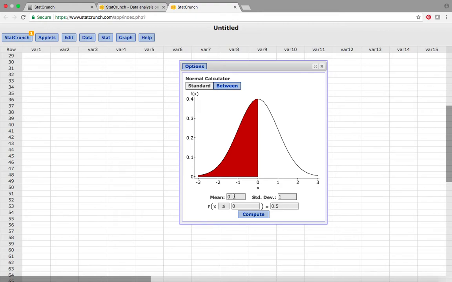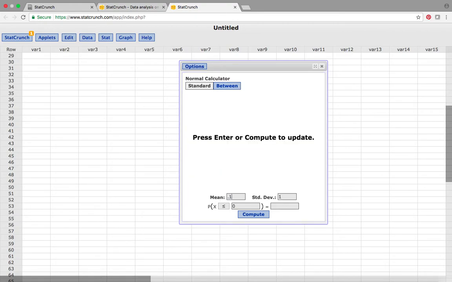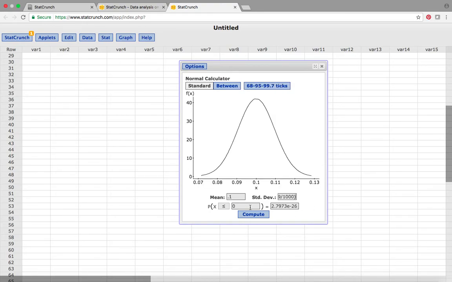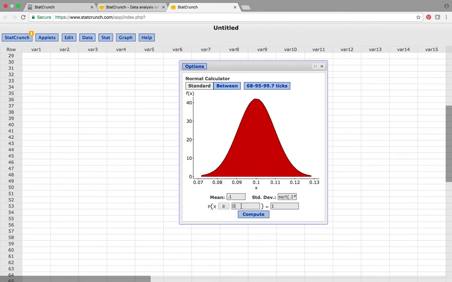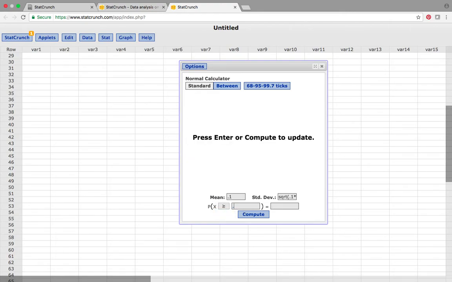So I have a mean of 0.1. I have a standard deviation, the square root of 0.1 times 0.9 divided by my sample size, which is 1,000. And I want greater than 0.11.